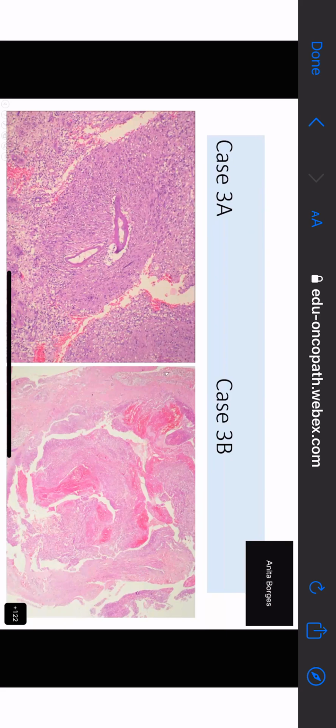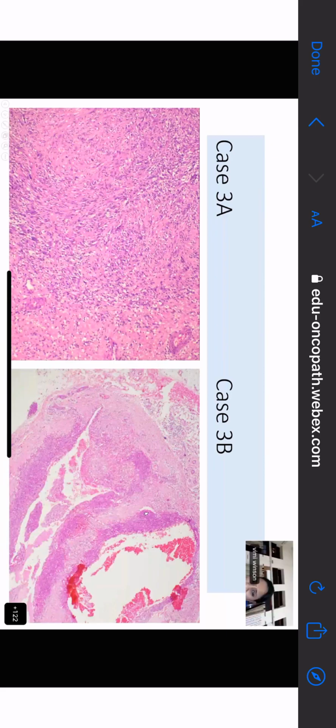On the other hand, on the right-hand side, yes, you see spaces, there is blood, but you do not see hyalinized blood vessels. Is that right? Yes, ma'am. Very good. Now look, once again comes up the space on the right side, and there is blood present in the space.